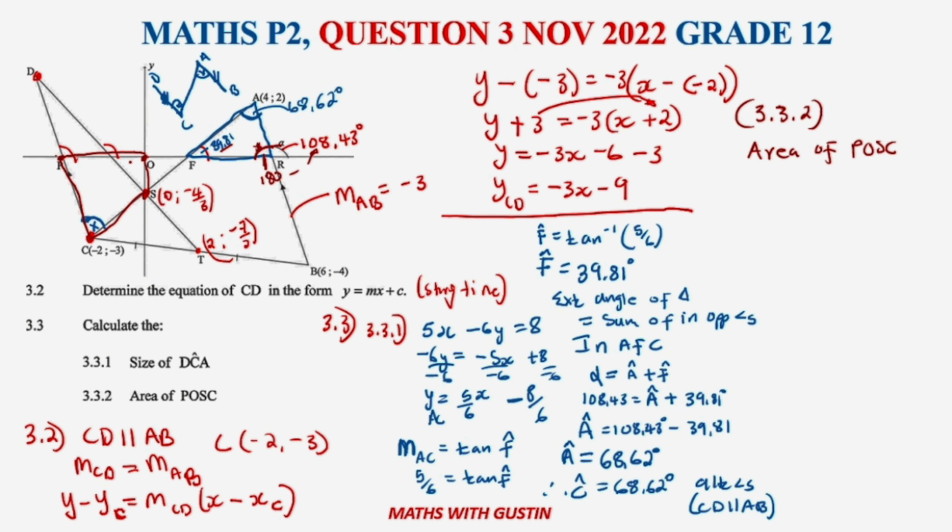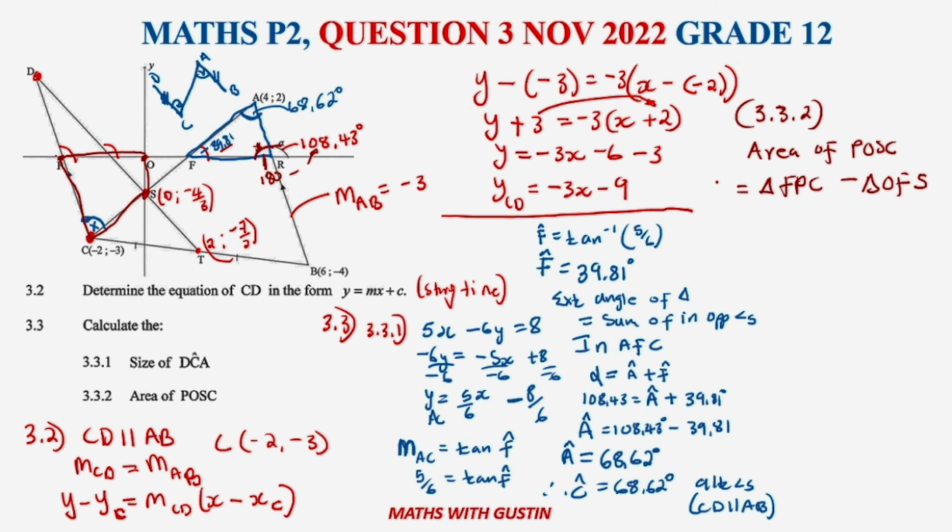Okay, so what can we do? What we can do here is take the area of triangle FPC minus the area of OFS. Okay, now let's have a look at this one.